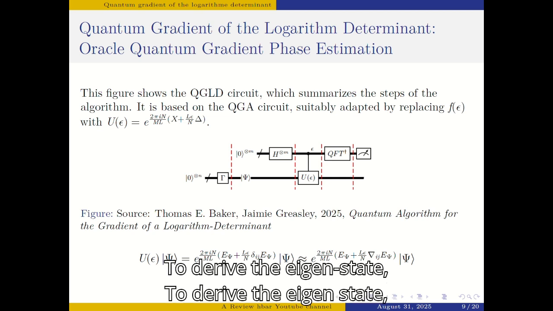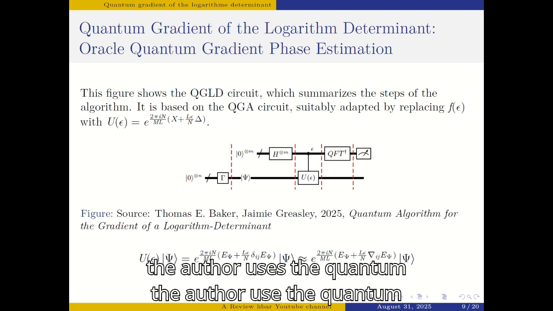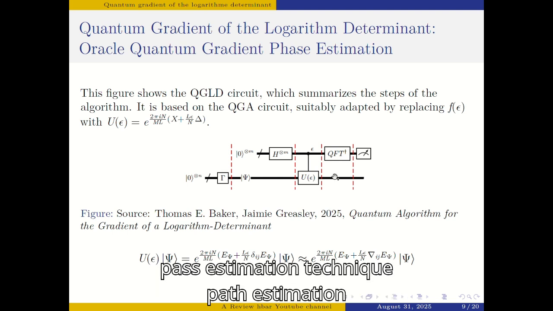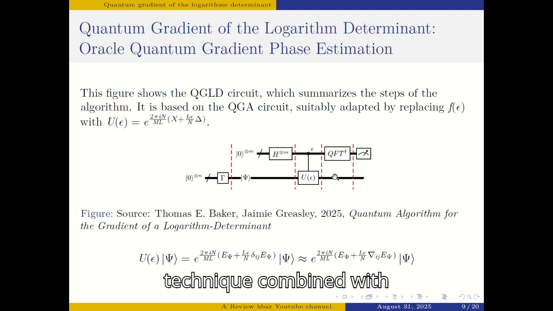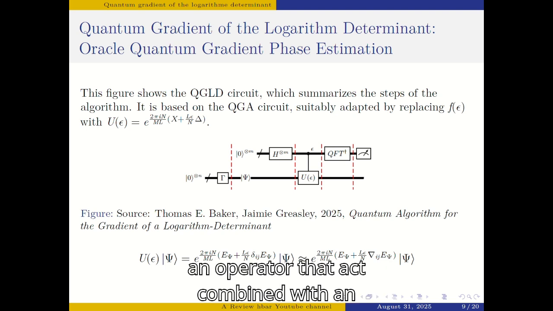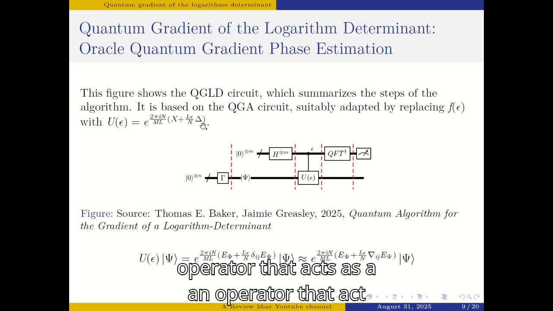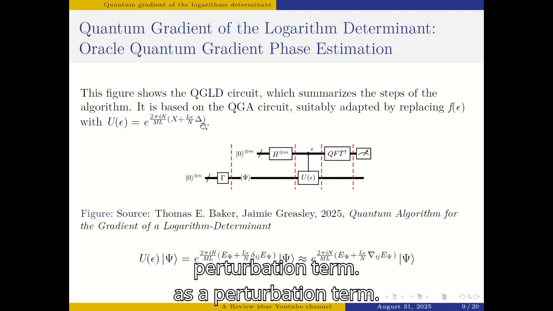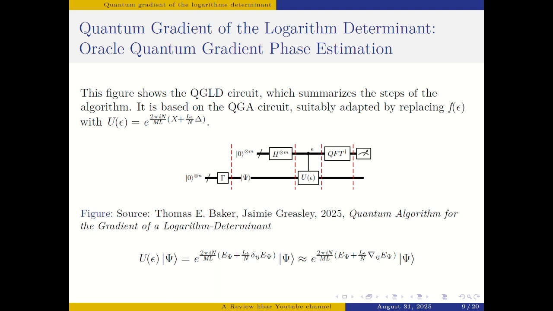To derive the eigenstate, the author used the quantum fast estimation technique combined with an operator that acts as a perturbation term.